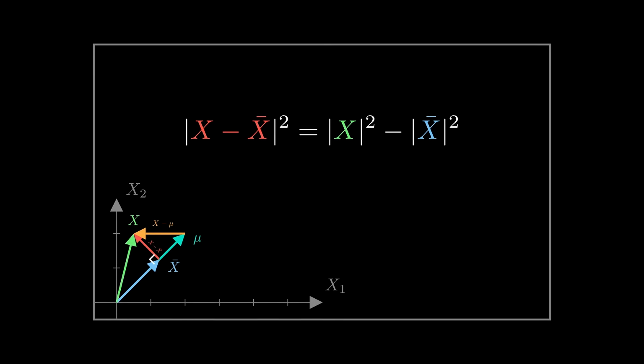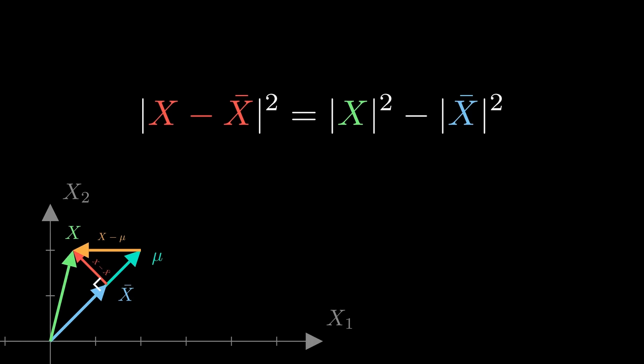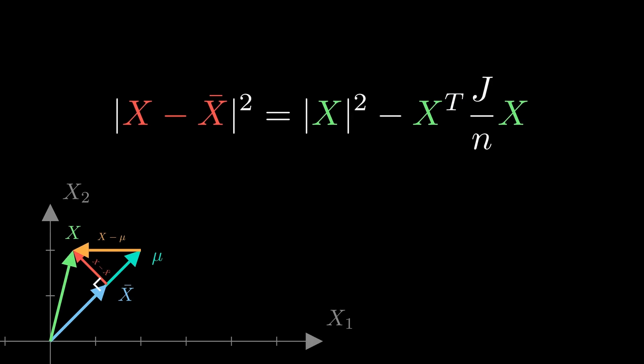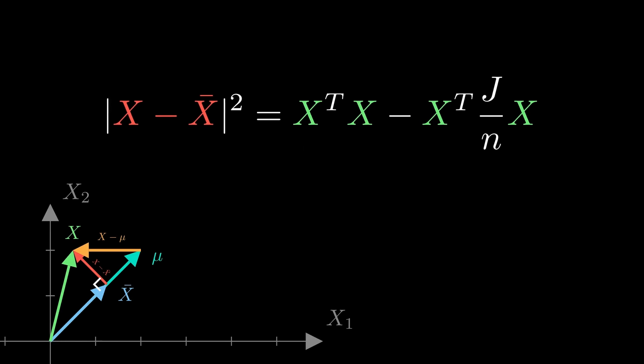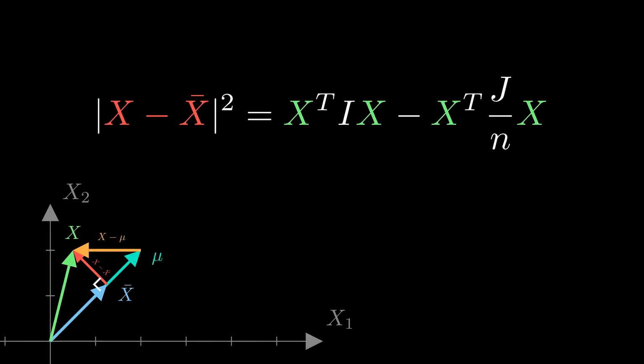After some painful manipulations, we now know that you can represent the squared length of the mean vector as x transpose times J over n times x. Throw back in that the squared length of the data vector is x transpose times the identity matrix times x, and this lets us factor in the way that you might think.